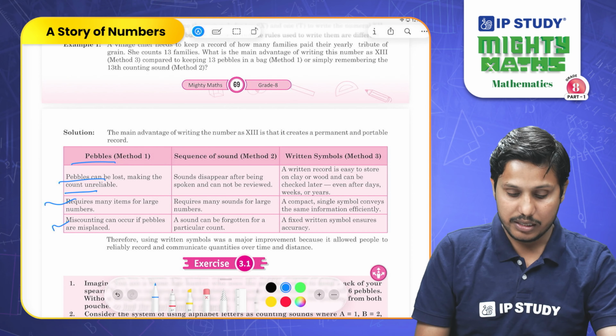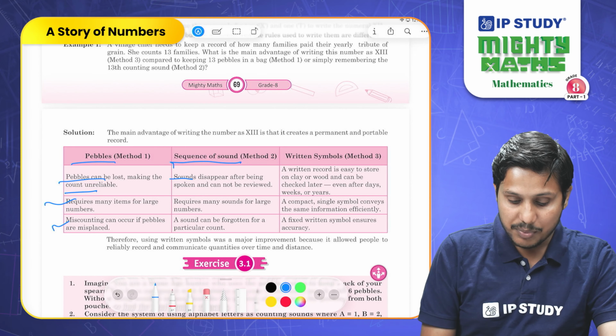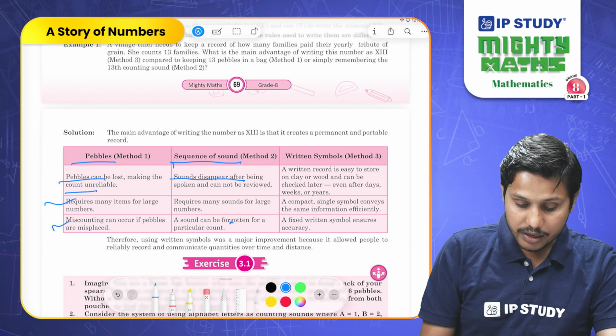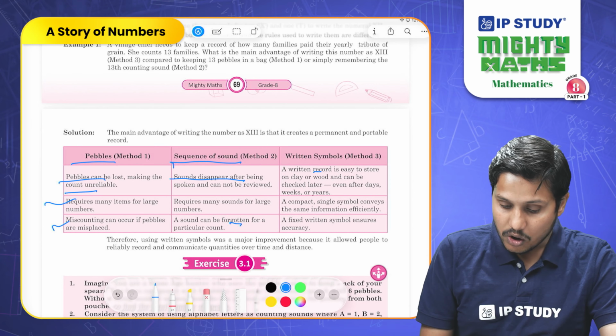And for the sequence of sound, we may require a large number of sounds to record a large number of items. Sounds disappear after being spoken and cannot be reviewed, or a sound can be forgotten for a particular count. Now for the written symbol, it is an easier and more reliable method, because the written record is easy to store.